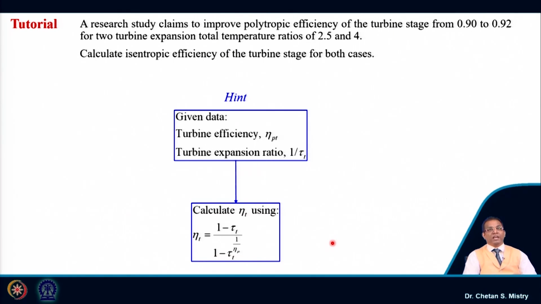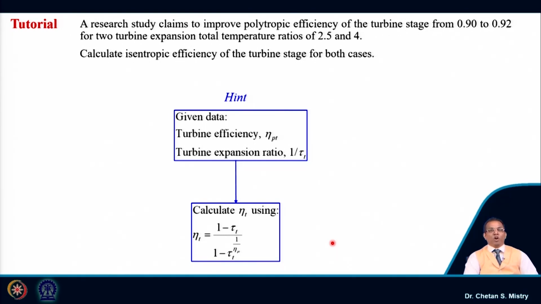Let us take the improvement in the polytropic efficiency from 0.9 to 0.92 for the two expansion ratios, 2.5 and 4, and we need to calculate what the isentropic efficiency will be. So, in this case, what information is given to us is the polytropic efficiency of the turbine and the expansion ratio.